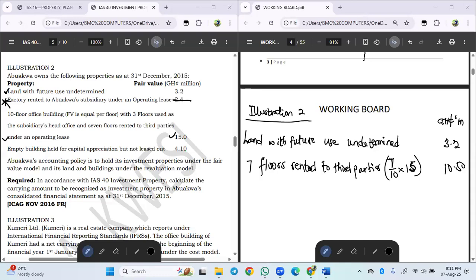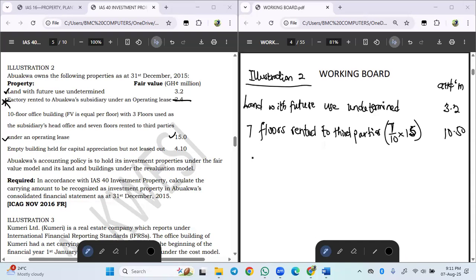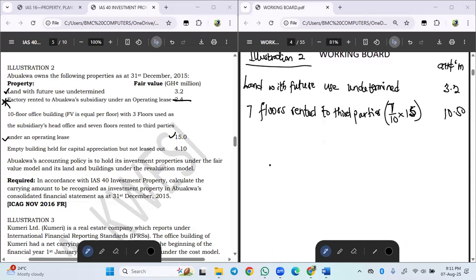Why? And the one who said no, why? Well, I want to know if you really understand. You mentioned that with investment properties, the properties are held for rental income or capital appreciation. So please, when you see capital appreciation, you have to add it under IAS 40.